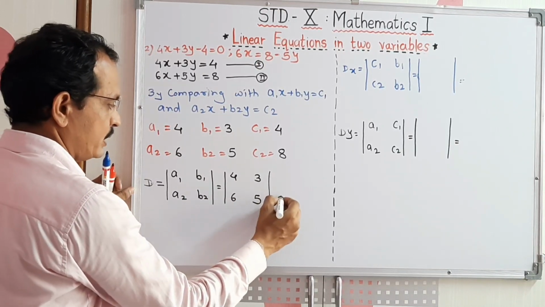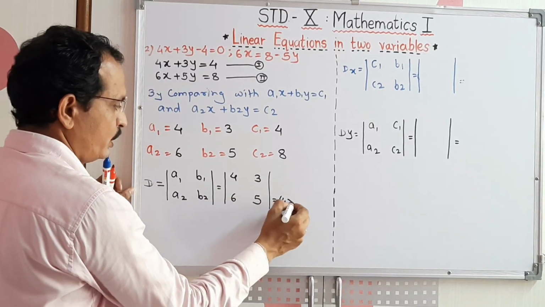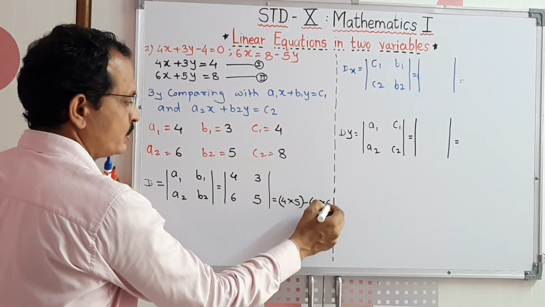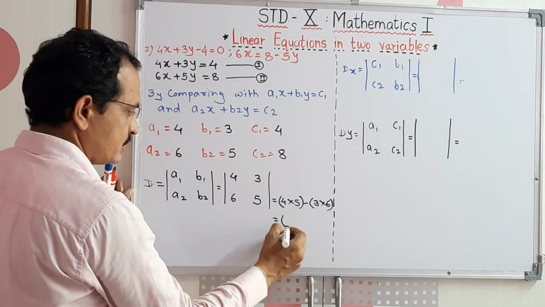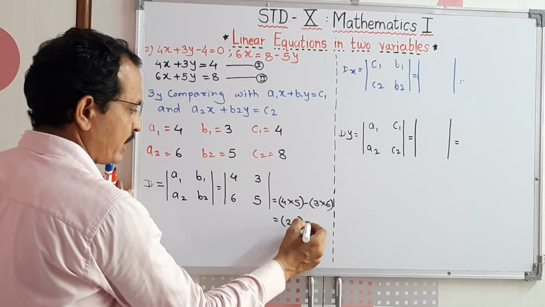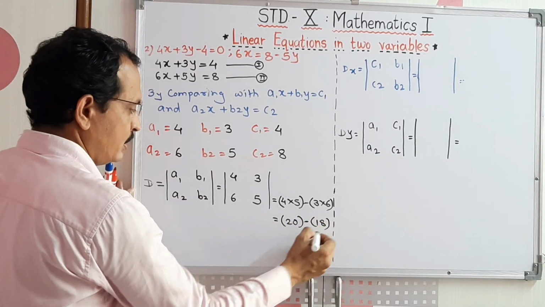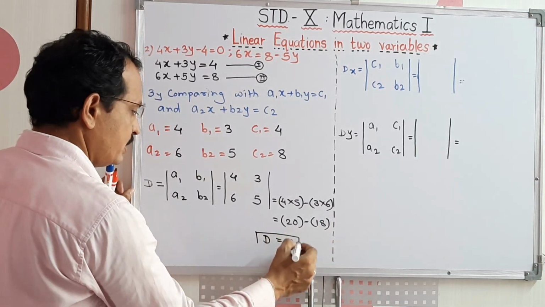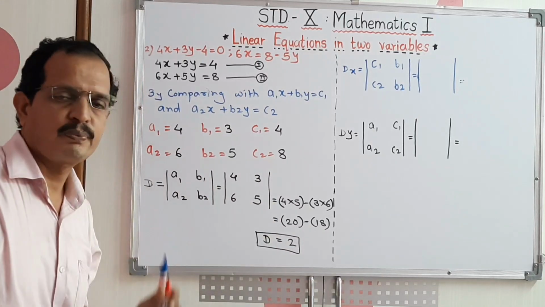Now multiply this. 4 into 5 minus 3 into 6. It is 20 minus 18. We get here 2. Therefore the value of D is equal to 2.